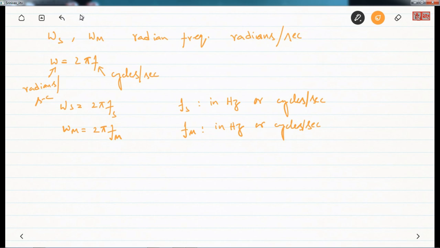Why I am writing this is, in your exam, maybe the frequency can be mentioned in hertz, which is cycles per second, or maybe it is mentioned in angular frequencies, in radian frequencies, like some 0.4 radians per second and so on. So you should remember these conversion factors. This you know from your very first basic electrical engineering courses.